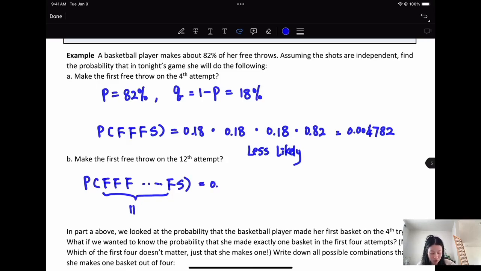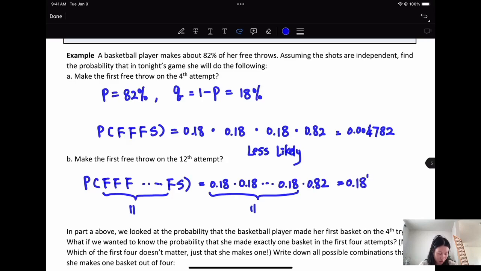That means I want to use 0.18 times 0.18 and so on, with a total of 11 factors of 0.18, times 0.82. That is 0.18 to the 11th power times 0.82, which is going to be an extremely small number.